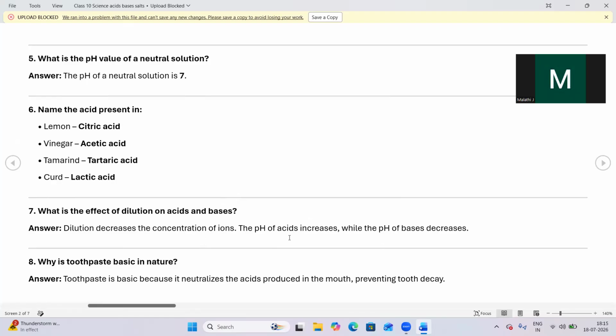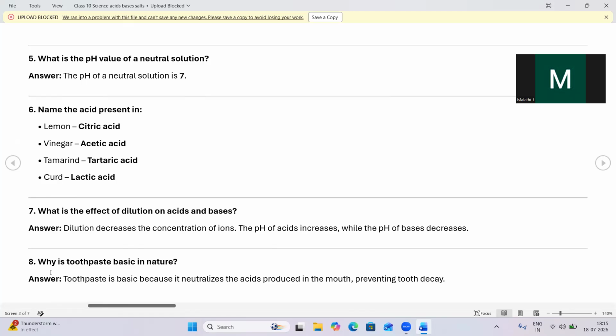Dilution decreases the concentration of ions.